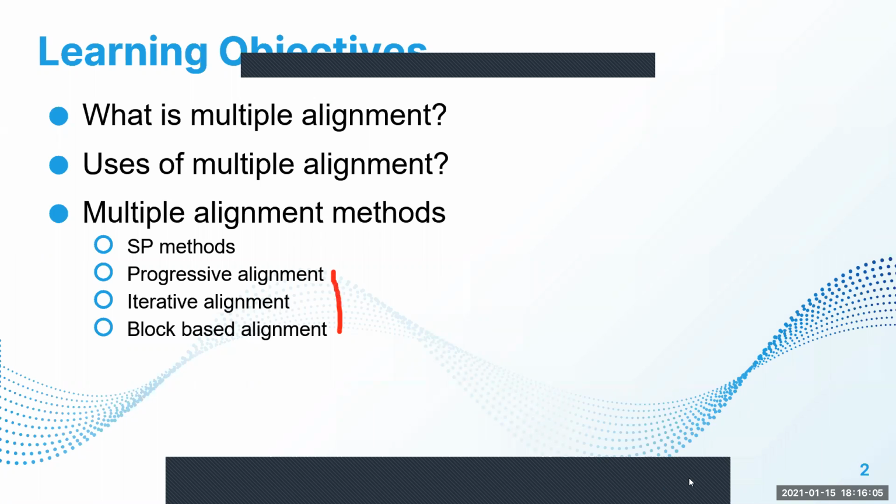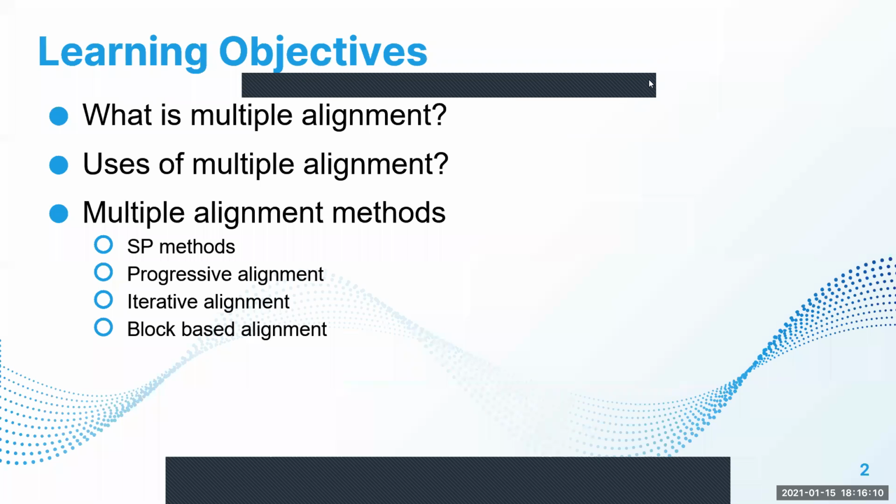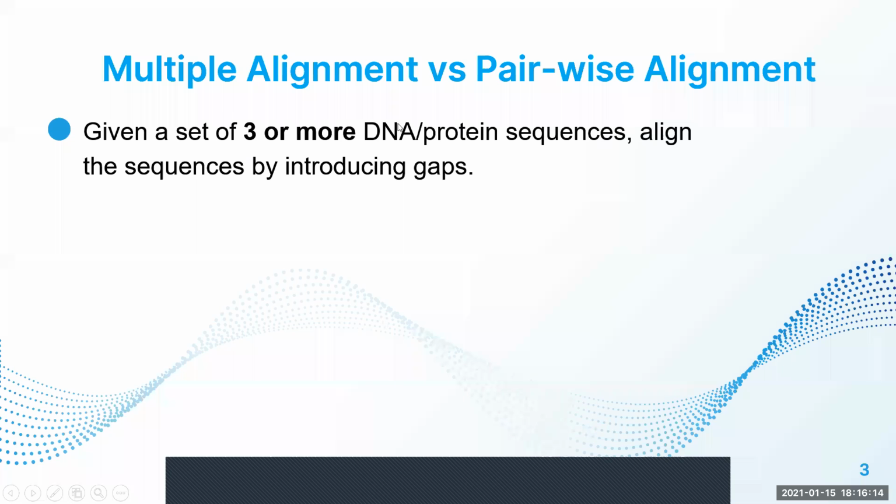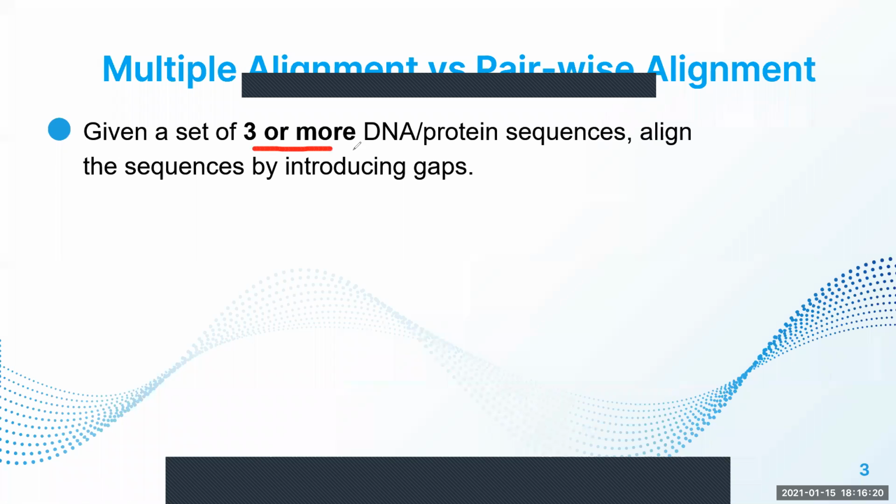So multiple sequence alignment basically means we have more than two sequences, DNA or protein sequences, and we try to align them by introducing some gaps.